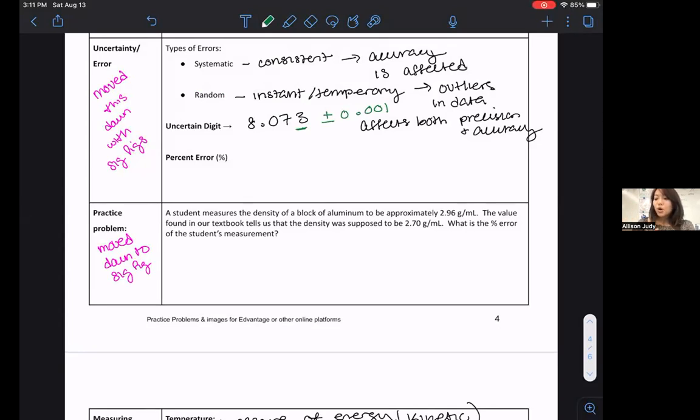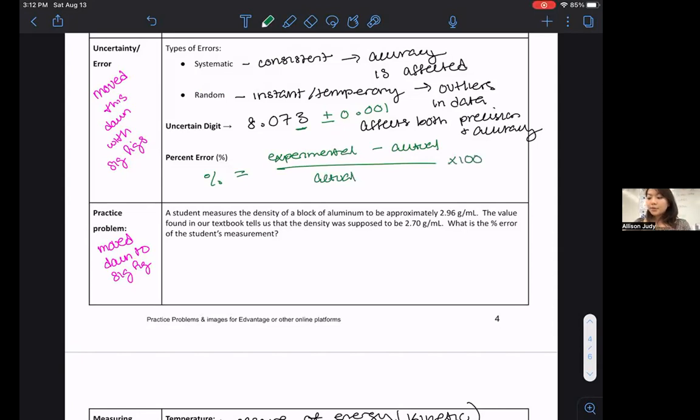A common final step in values that you obtain during lab is to calculate the percent error. We're going to talk more about this later when we talk about chemical reactions, stoichiometry, and so forth. But I do want to put it out there, just because we're talking about uncertainty, that percent error, for a given lab where you know that you should get a certain value, is calculated as the experimental value minus the actual value, what you should have gotten, all over the actual value, times 100.